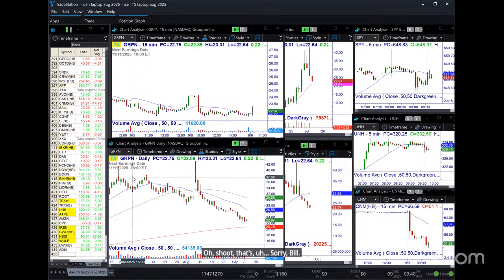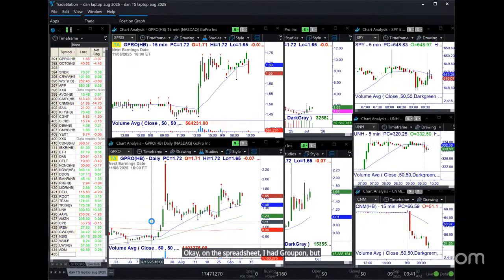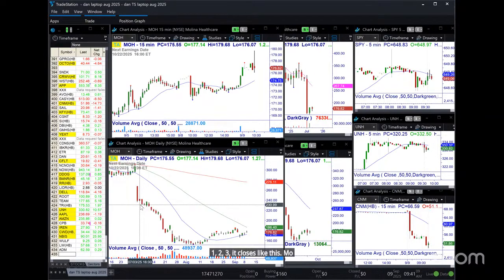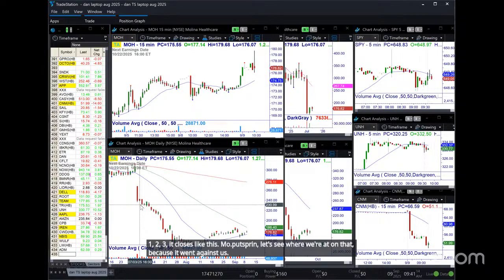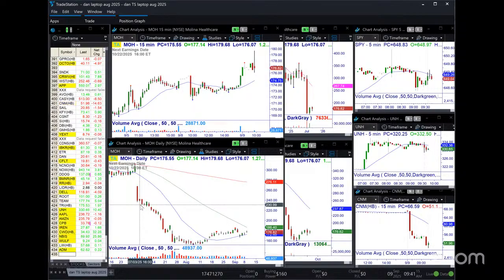It's a G Pro. Okay, on the spreadsheet I had Groupon, but it's a G Pro. 1, 2, 3. If it closes like this. Mo, we got a put spread. Let's see where we're at on that because it went against us. Coin up alarm. 113. Mo.